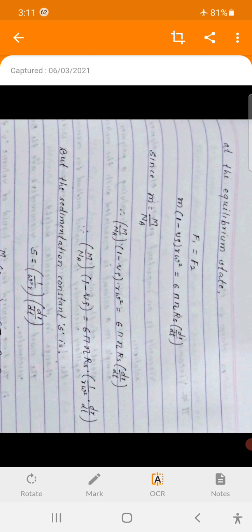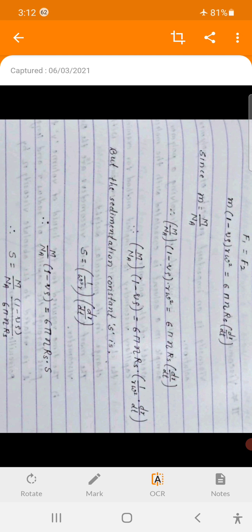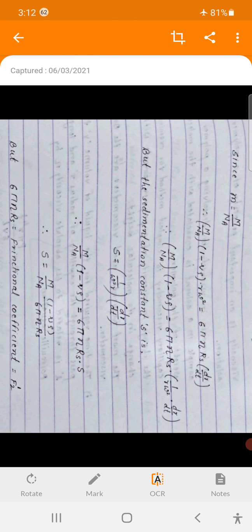That is the equilibrium situation, and considering it, F1 is equal to F2, that is net force is equal to frictional force. Therefore, equating the two and rearranging, we get M upon Na in bracket 1 minus mu into rho is equal to 6 pi eta Rs in bracket 1 upon R omega square into dr by dt. Here S is the sedimentation constant, which is equal to 1 upon omega square R into dr by dt.